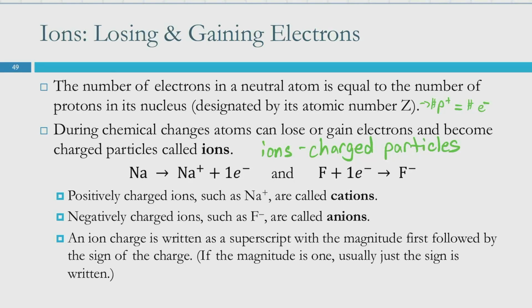Our positively charged ions we call cations. So cations are positively charged. I wrote what I meant to. Cations positively charged because cats have paws. So that's one way you could remember that. And then anions are negatively charged. I don't have a fun thing for that one.